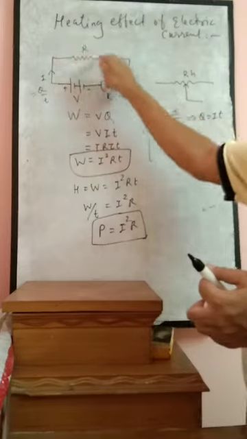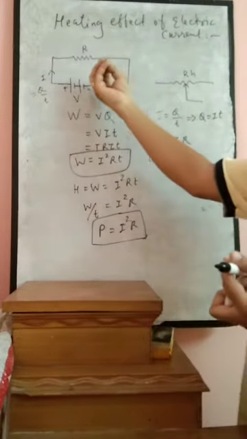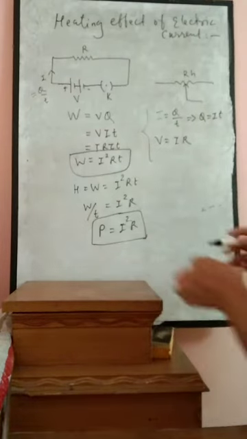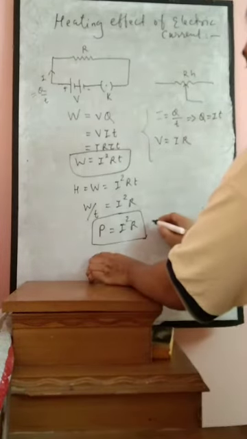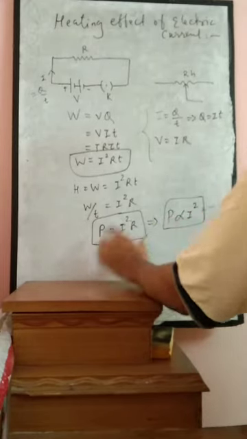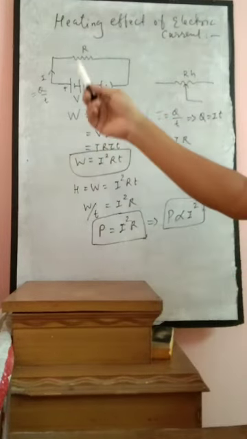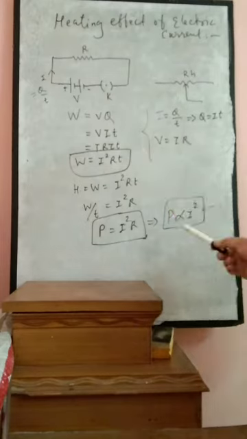Suppose R is constant, and quite obviously if you have any component, the resistance is constant for that component. So for constant R, P is proportional to I square. This is also another form of Joule's law. According to this mathematical expression, electric power delivered in an electric circuit is directly proportional to the square of the electric current.